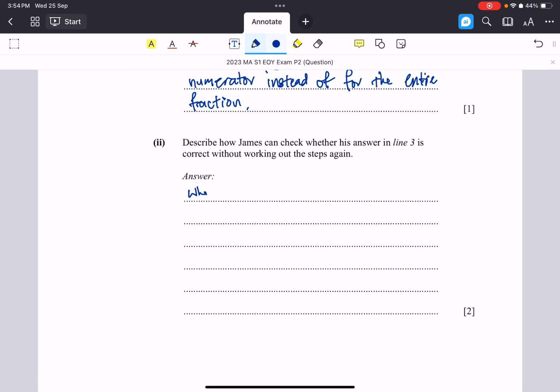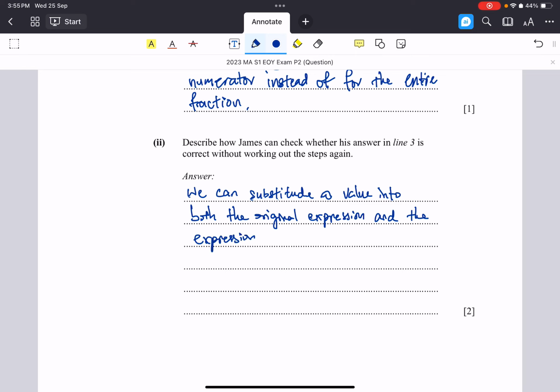Well, we can substitute a value into both the original expression and the expression in line 3 and check if the results are the same. So if you work it right, it should be the same.